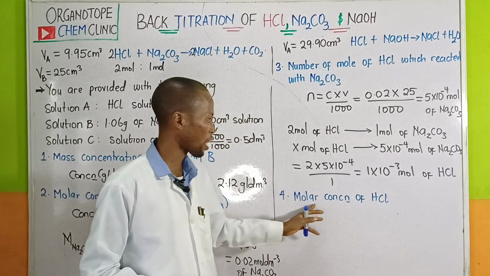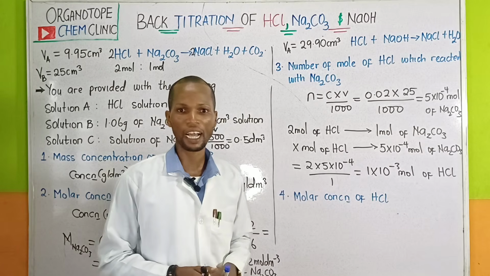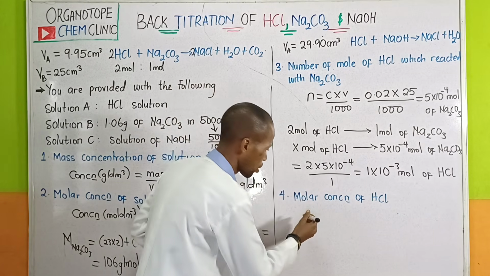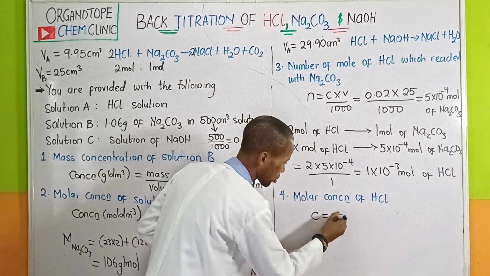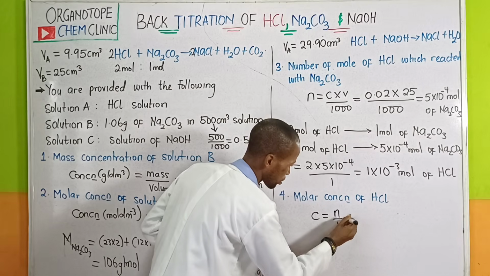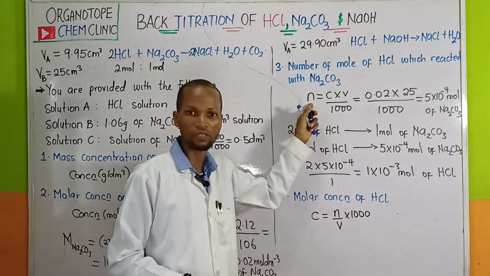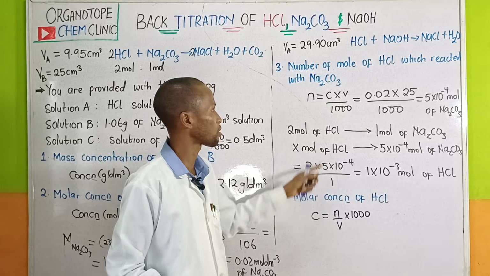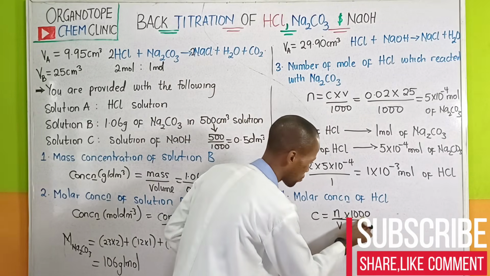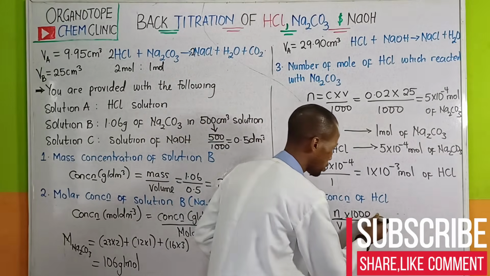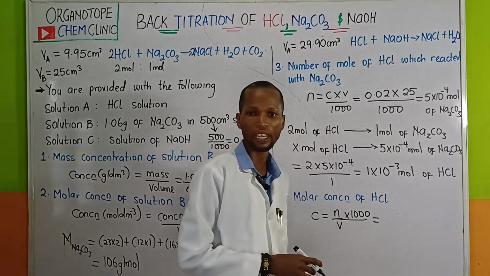Can we determine the molar concentration of hydrochloric acid? So we have concentration equals number of mole over volume times what? 1000. Okay, from this expression right here, when you make it the subject of the formula, this is what we are going to have. So what is the number of mole of hydrochloric acid?